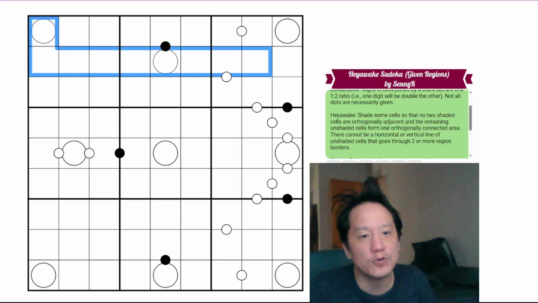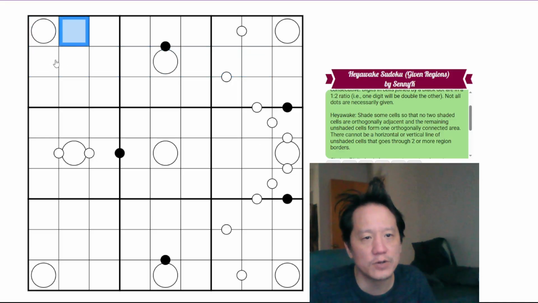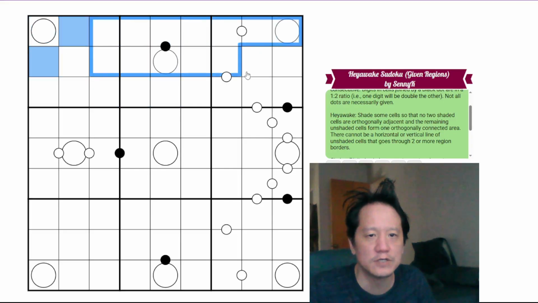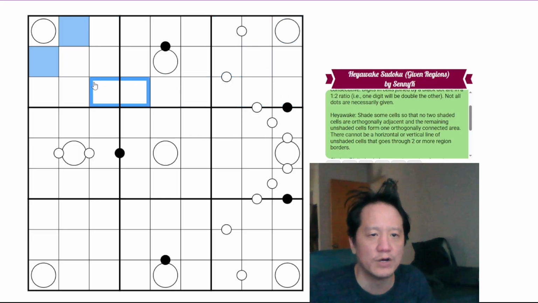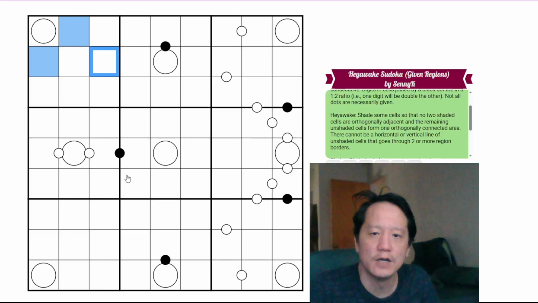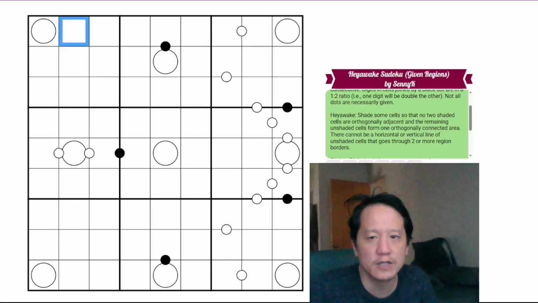So, for example, if we had a shaded cell here and a shaded cell here, that would no longer work because this unshaded cell cannot get to any other unshaded cell by going through edges, all while staying within the region. And it has to get to all of the unshaded cells that way. So that is what an orthogonally connected area is.